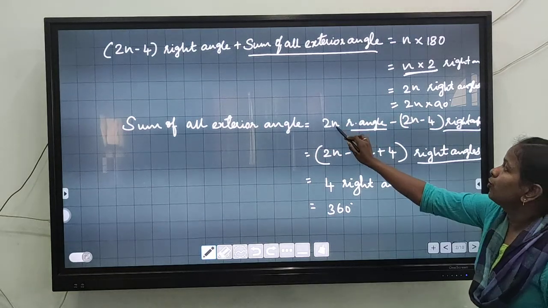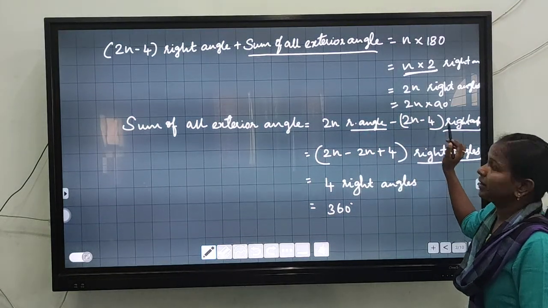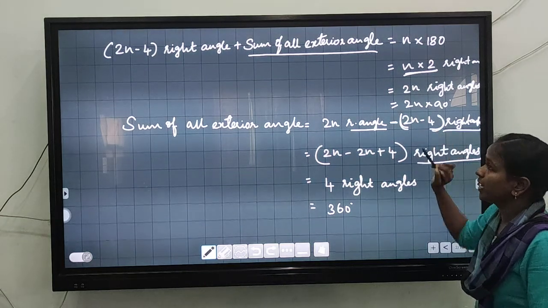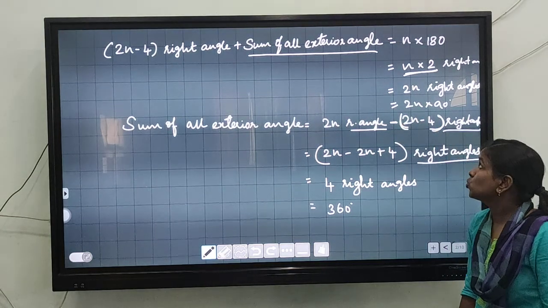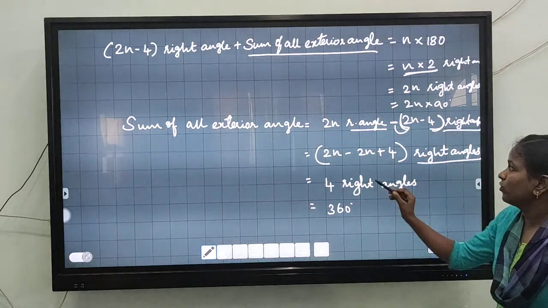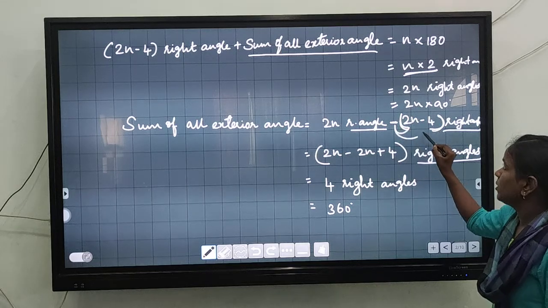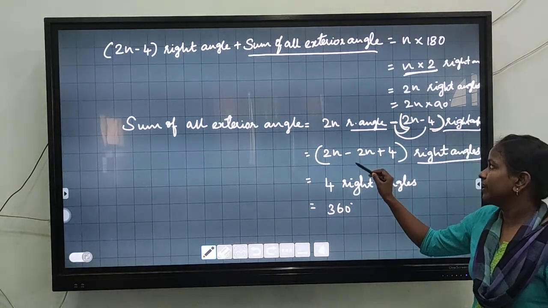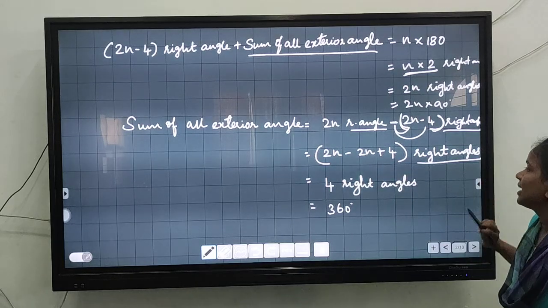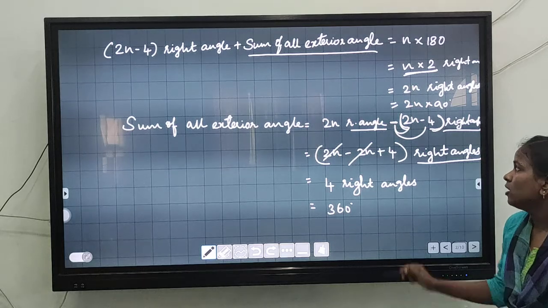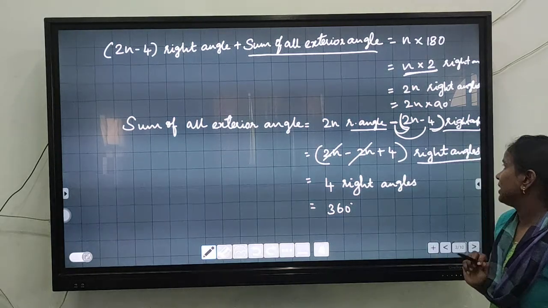What is remaining? 2n minus (2n minus 4) will come. Listen, this minus is common for the terms inside the bracket, that is 2n minus 4. So if you multiply minus with 2n, you will get minus 2n. Minus multiplied by minus, you will get plus 4. So 2n minus 2n plus 4 right angles will come. Here plus 2n and minus 2n will get cancelled. What is remaining? 4 right angles.